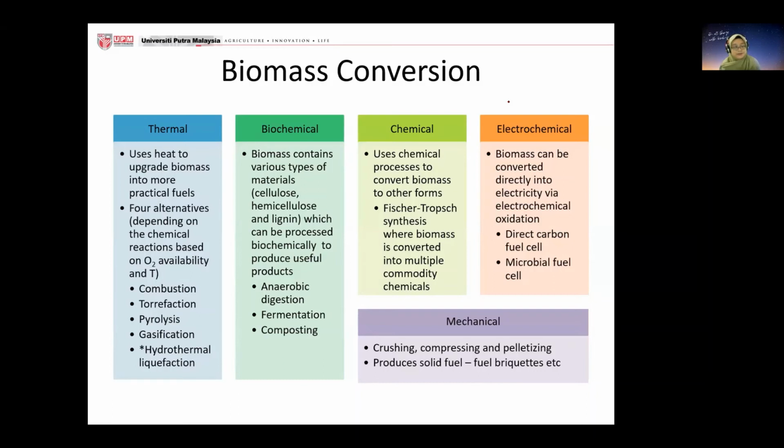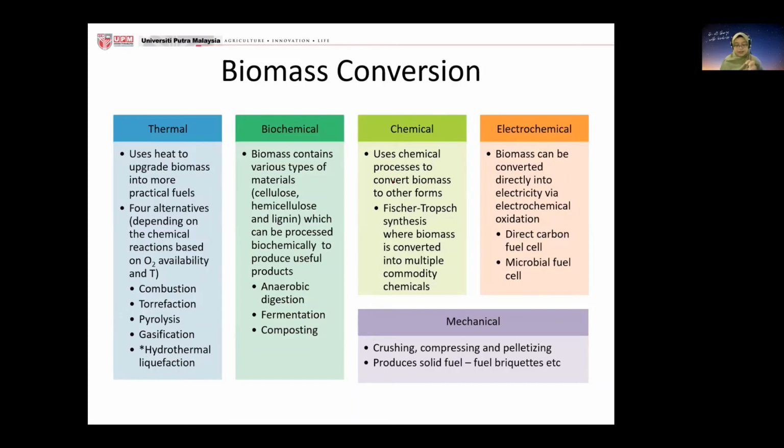The third type of conversion is chemical. Basically, it uses chemical processes to convert biomass to other forms. In this type of process, one of the most famous or most general ones used is FT synthesis, or Fischer-Tropsch synthesis.